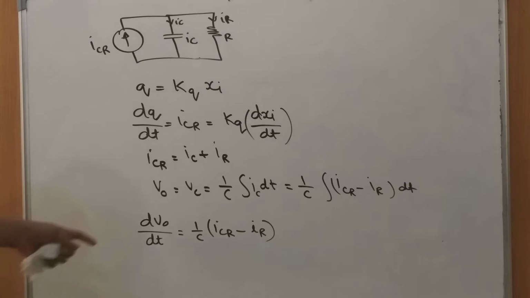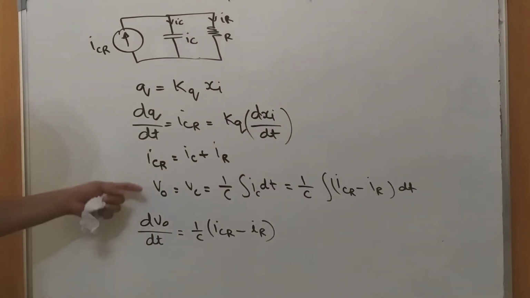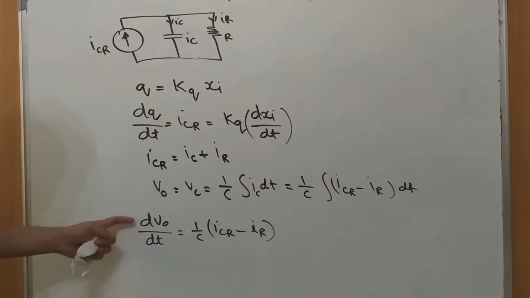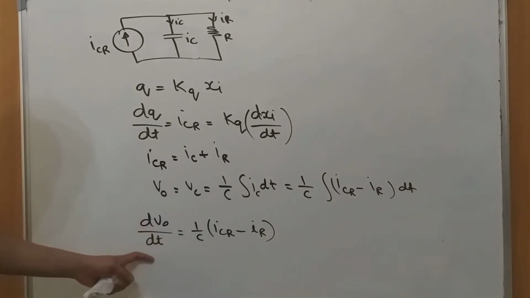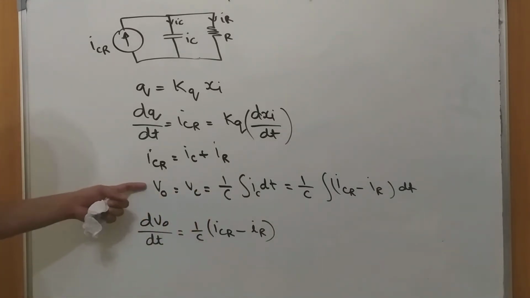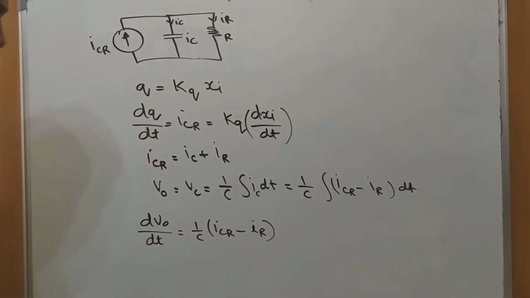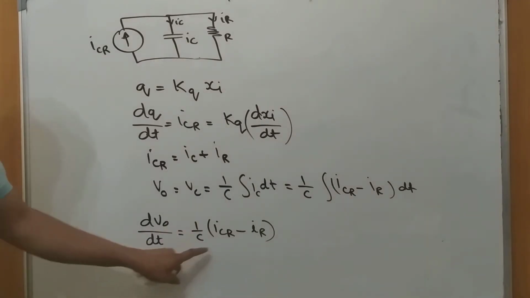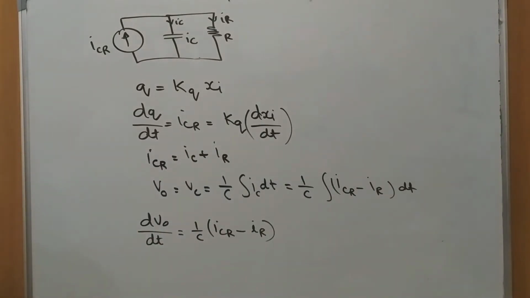Now dV0 by dt, the rate of change of the output voltage with respect to time, is equal to, if you differentiate this term, the integration disappears, 1 by C into ICR minus IR.